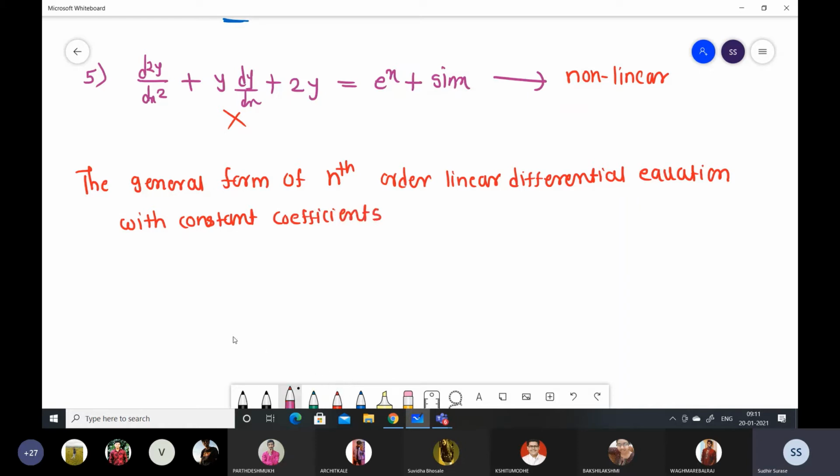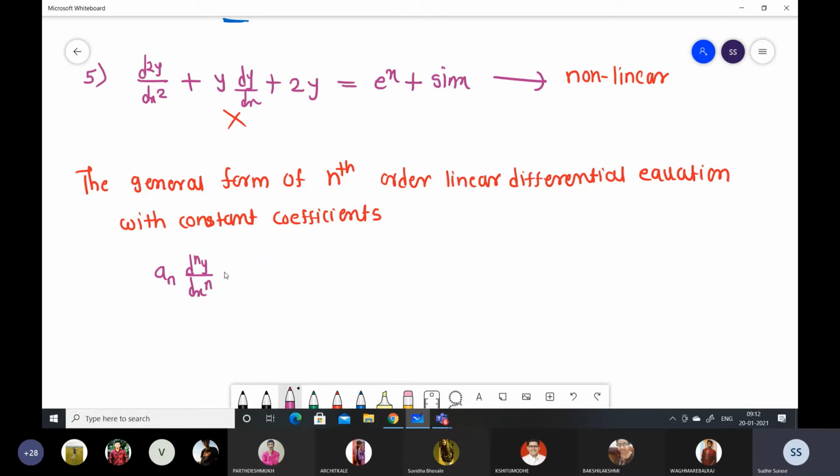Now let me generalize that. So here I'll write a suffix n, d^n y by dx^n. By default I am assuming y is the dependent variable and x is the independent variable. I will keep this notation throughout this chapter, okay?